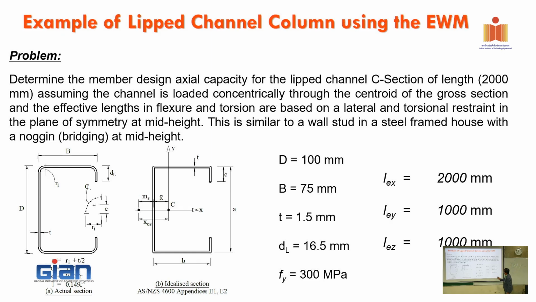First, we need to know where the location of the shear center and the centroid is, and then based on that we can calculate different things. The dimensions are very similar, B here is still the same, 75, but this is square instead of what we have here.